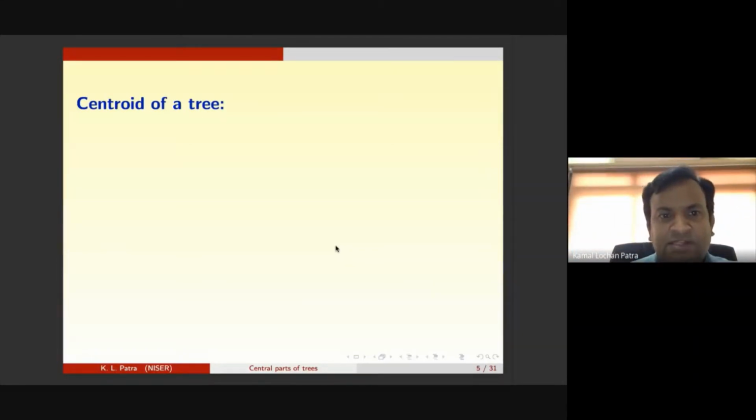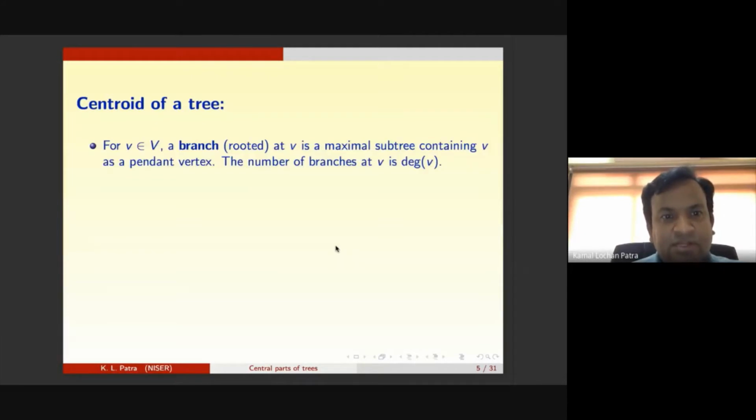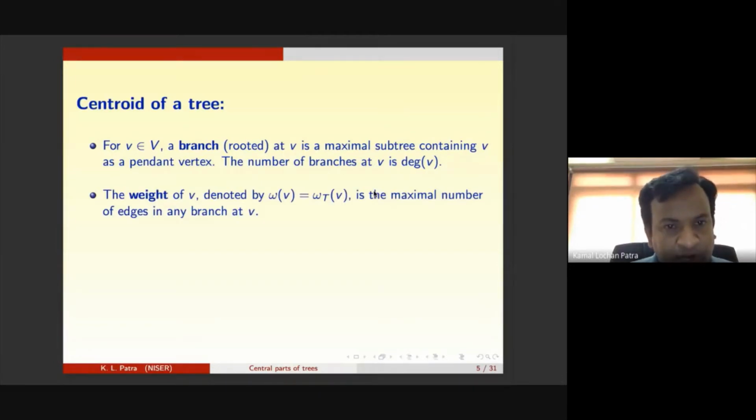Jordan also defines the centroid of a tree. For any vertex v belonging to V, a branch rooted at v is a maximal subtree containing v as a pendant vertex. And obviously the number of branches at v is the degree of v. So the weight of v is defined as the maximum number of edges in any branch at v. So earlier for every vertex we had the eccentricity of v.